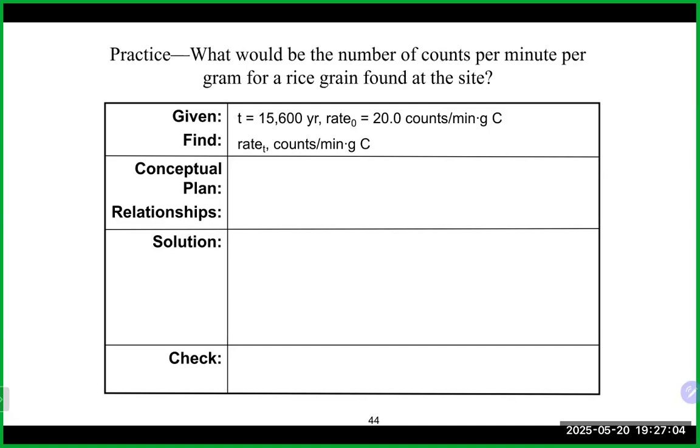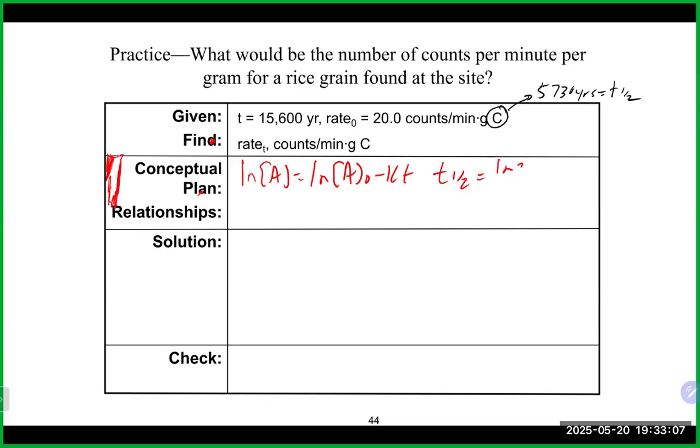Since it's grams of carbon, we'd be using the same half-life as the previous problem, and our half-life equation in case we need it. In this case, we are looking for A, the final counts per minute.